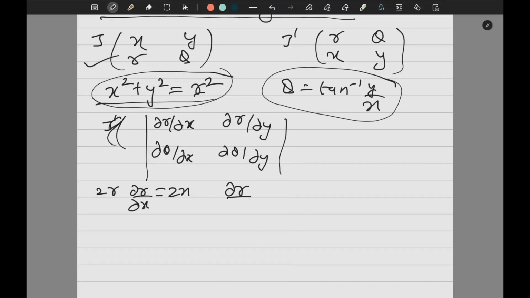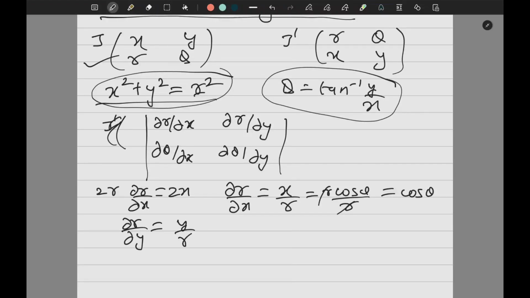So dou r by dou x is equal to x by r. Correct? If you want to work in the same variable, x is r cos theta upon r. So r cancels, only cos theta. So it will be easy to solve the determinant. Same way, dou r by dou y is equal to y by r, which will become sin theta.